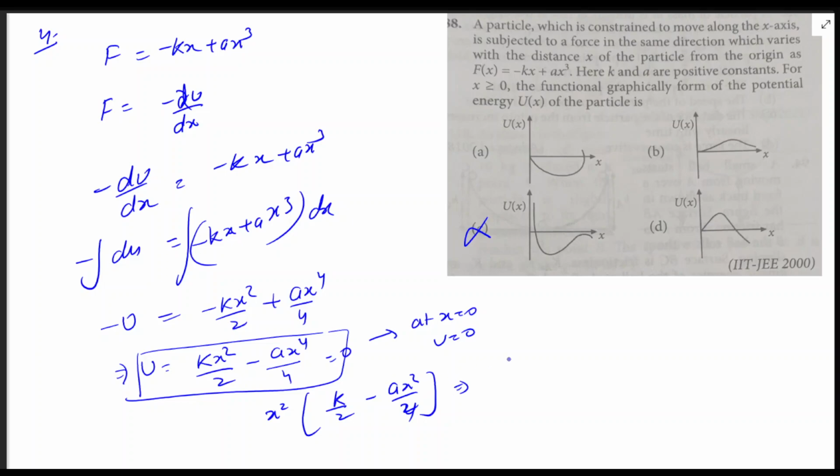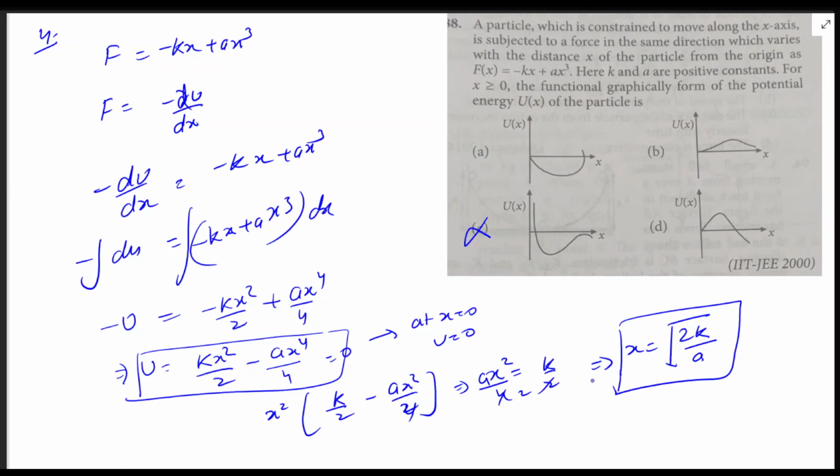So we'll get another point where a x square by 4 will be k by 2. So we'll get x as root of 2k by a. So this is our second point where u is 0, right? So B option is wrong because there must be another point. So this or this.